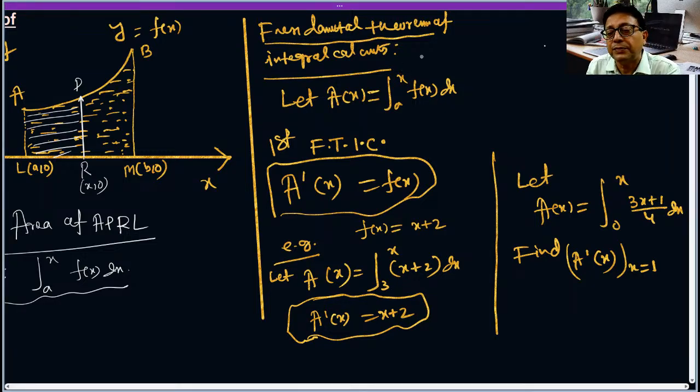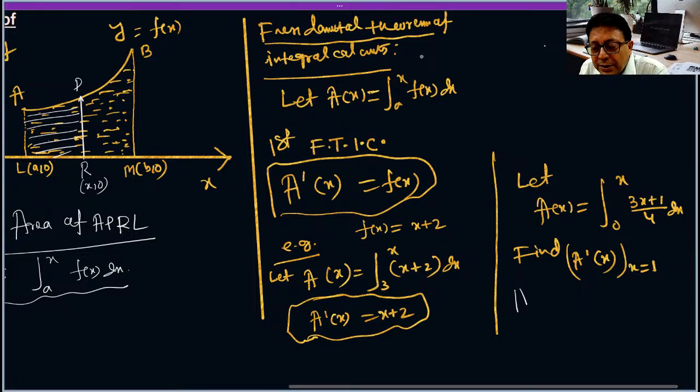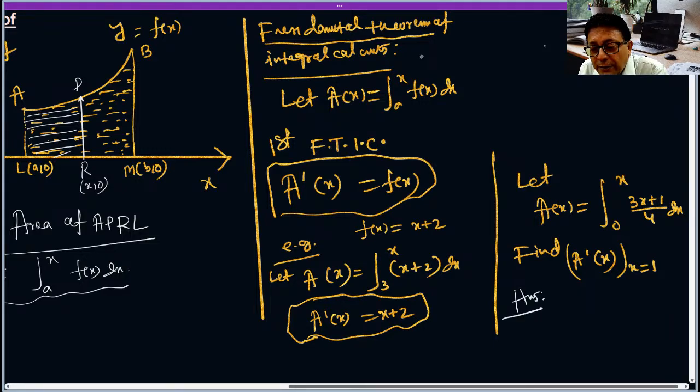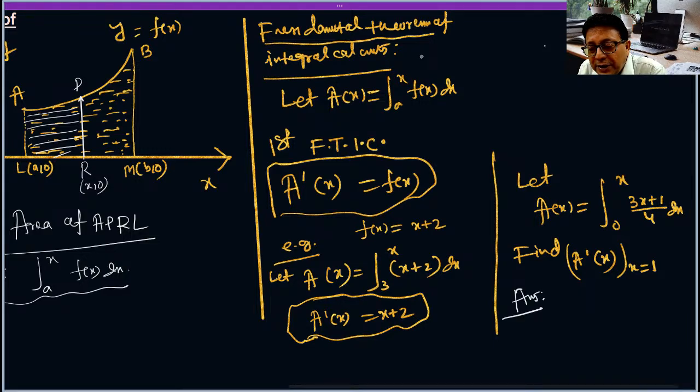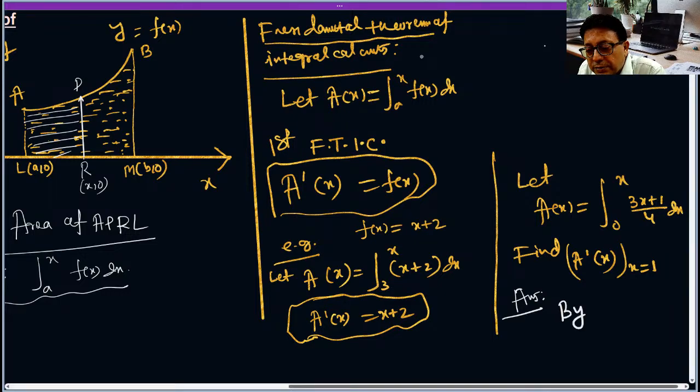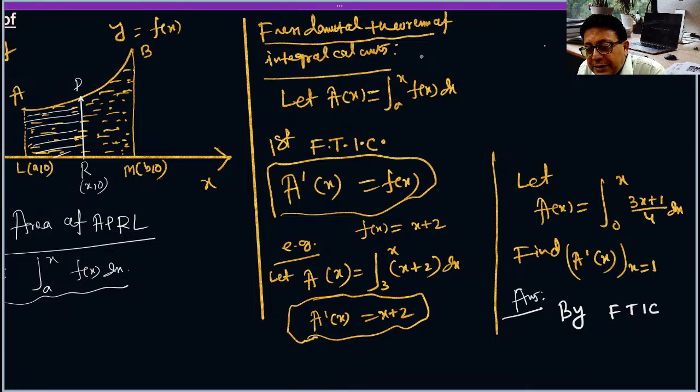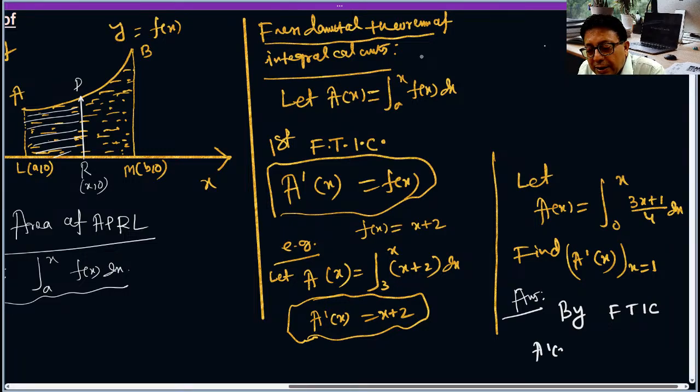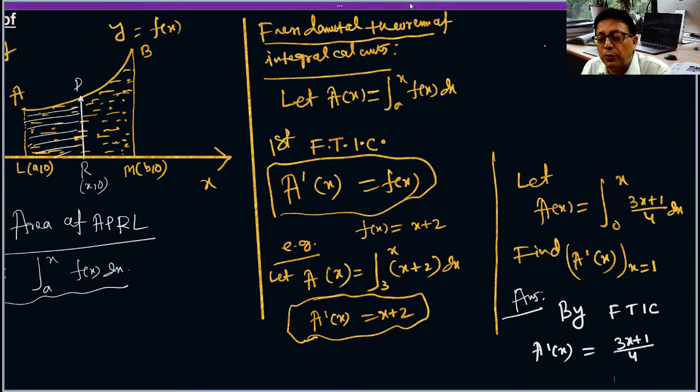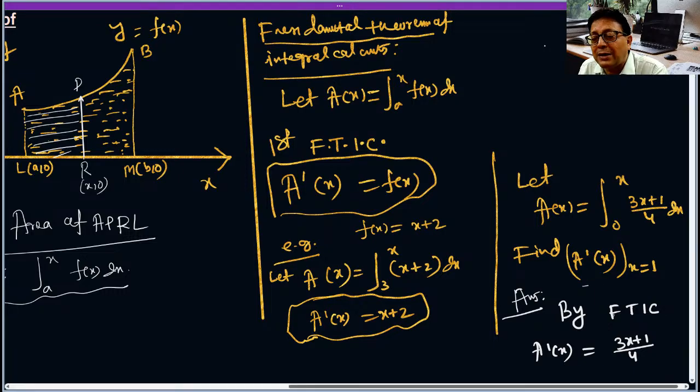What is that? You will write: by the first fundamental theorem of integral calculus, by FTIC, A'(x) is 3x plus 1 by 4. So what they asked?